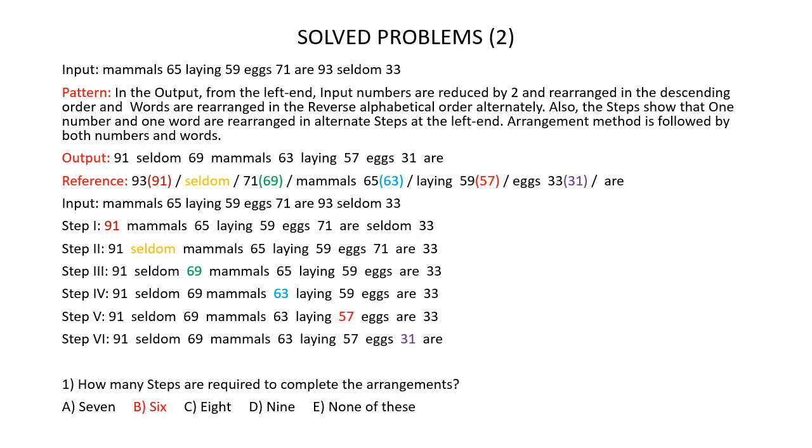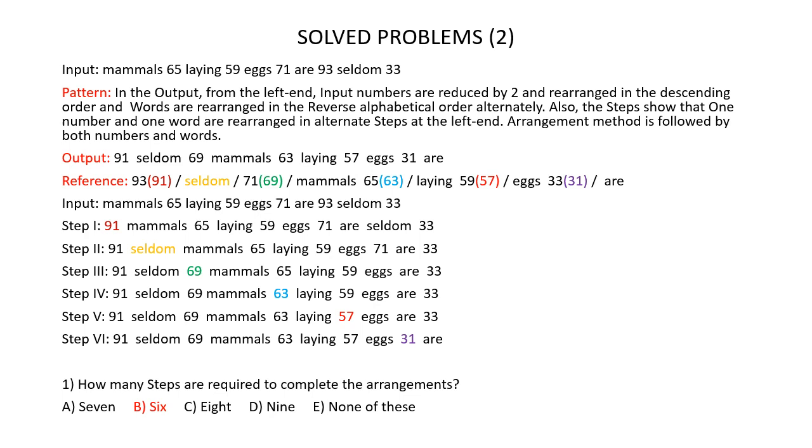The rest of the elements of step 2 are written as they are in the same order in step 3. The next element in the reference is mammals. Now as you can see in step 3, mammals is already in its correct position in the fourth place from the left end in step 3. That is, mammals has already been auto arranged in step 3.